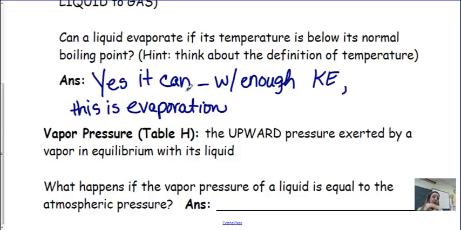So it's going to keep it a liquid until some force is exerted on that. It's a balance. So what happens if the vapor pressure of a liquid is equal to the atmospheric pressure? Atmospheric pressure pushes down and becomes the same as the vapor pressure, puts that force on the liquid, and causes it to boil. The liquid starts to boil.